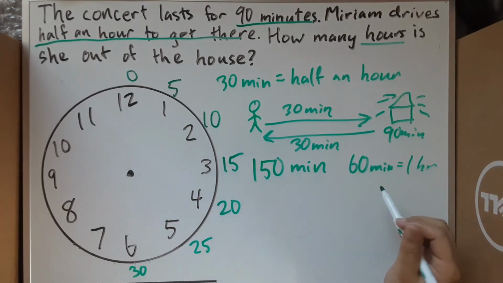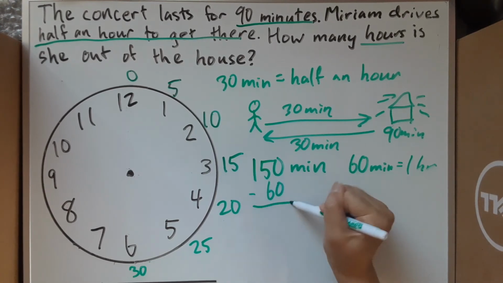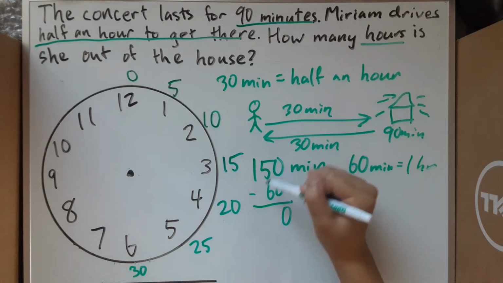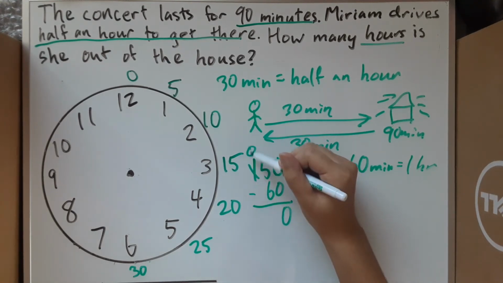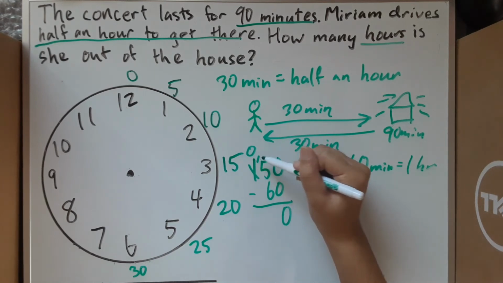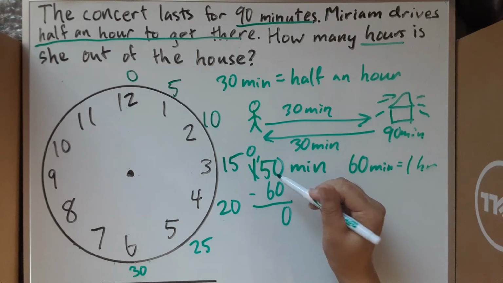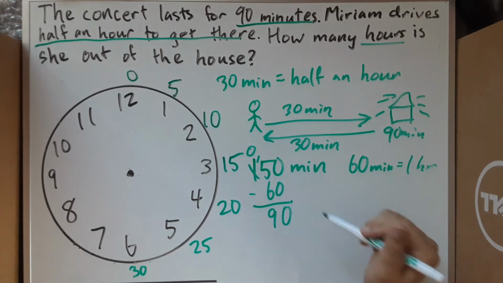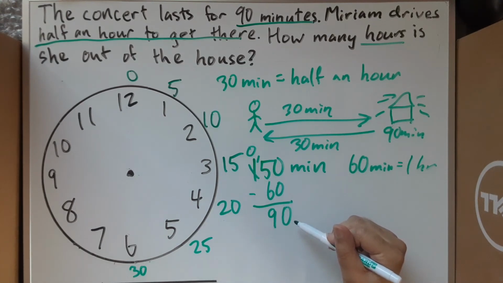So let's subtract 60 from 150. 0 minus 0 is 0, and 5 minus 6, since you can't do that, you would move the 1 over, make that 0, move it over, so that it becomes 15 minus 6. 15 minus 6 is 9. So, if we take out 1 hour, then we have 90 minutes left.